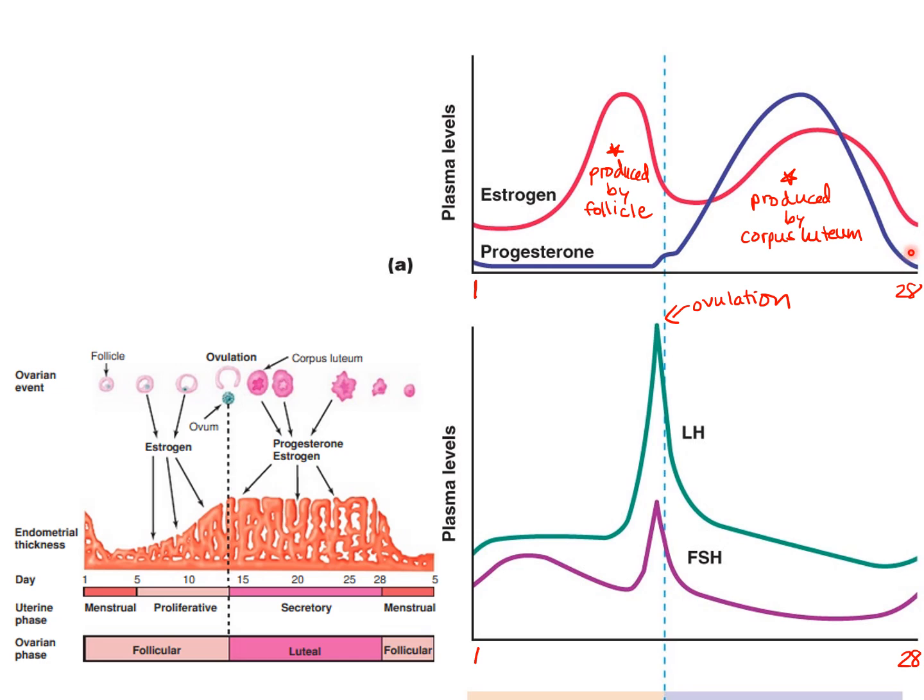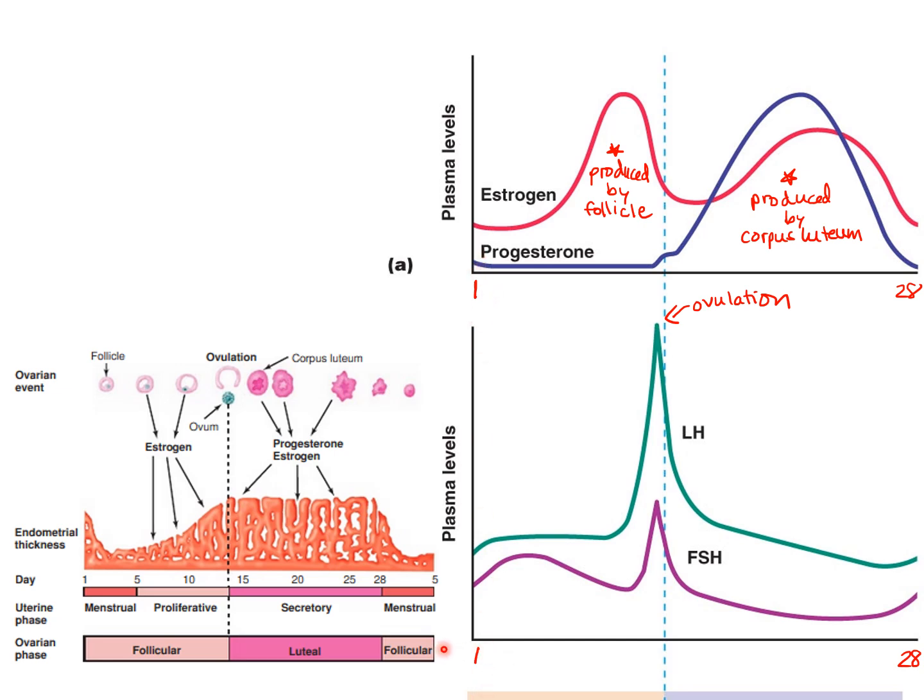And so now that negative feedback effect is gone. And so also that's going to decrease that support we had for the endometrial lining, and now we're going to trigger that menstrual phase of the uterine cycle. So we'll start the bleeding on day 1.